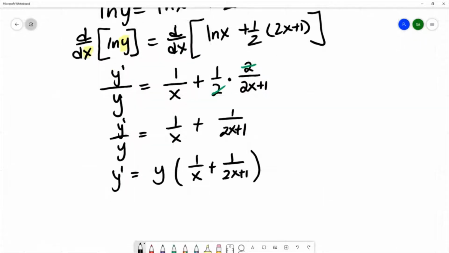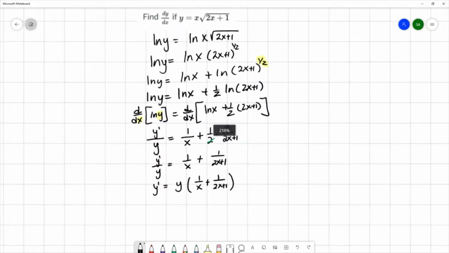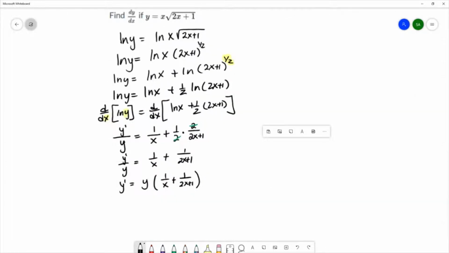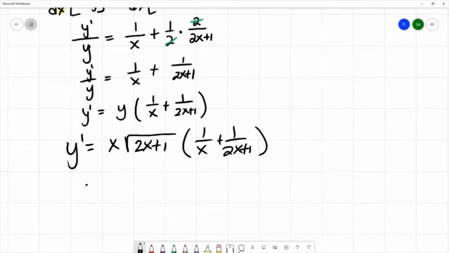And y was given in the original problem, and that was x times the square root of x plus 1, times the square root of 2x plus 1. And I can continue with a little bit more algebra cleanup if you'd like.